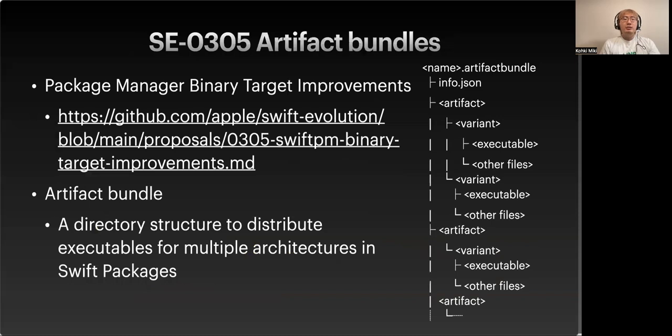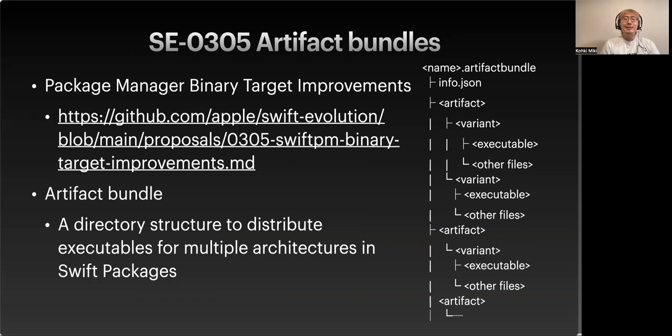We can use artifact bundles since Swift 5.6. They help to distribute development tools. Artifact bundle is a mechanism to use prebuilt executables in Swift packages.